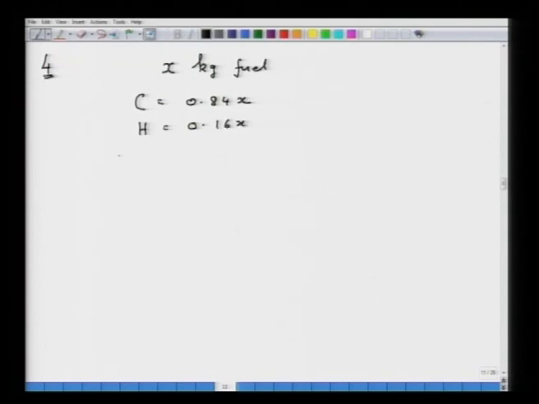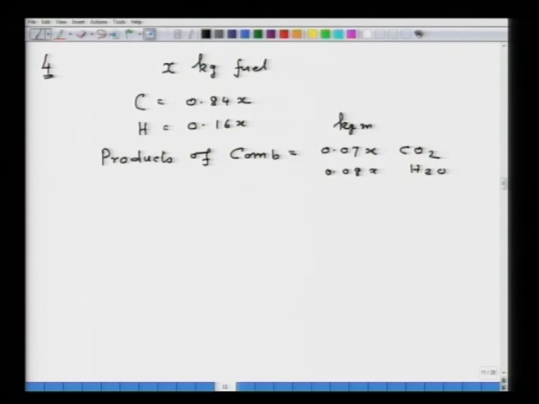So, the products of combustion will be equal to 0.07 x, that is CO2, and 0.08 x H2O. Mind you, they are in kg moles. This is in kg.